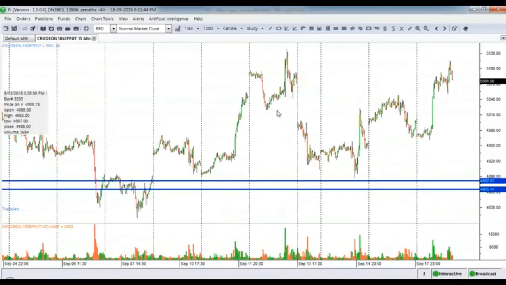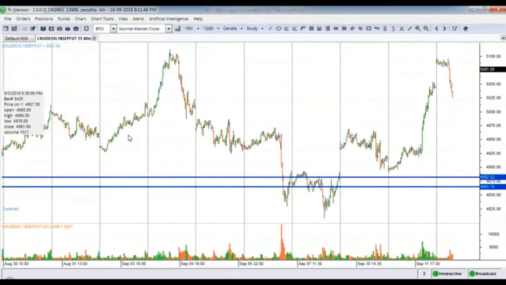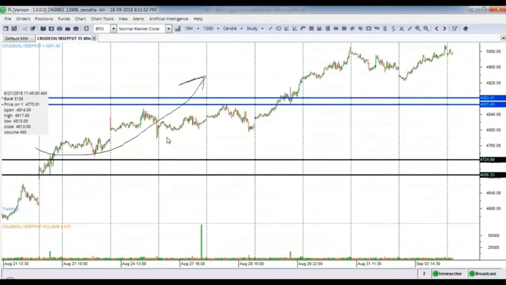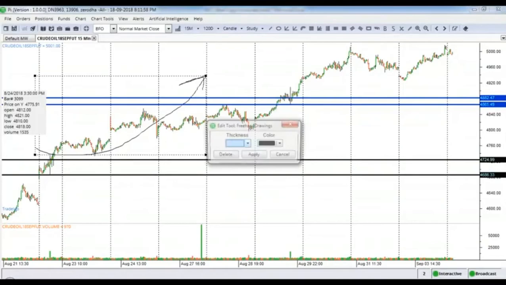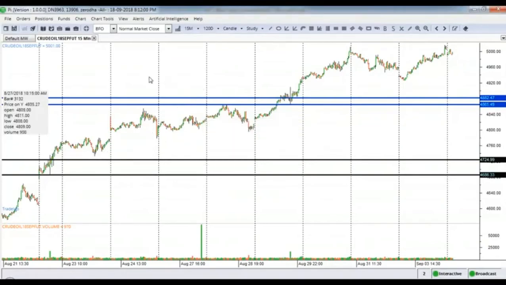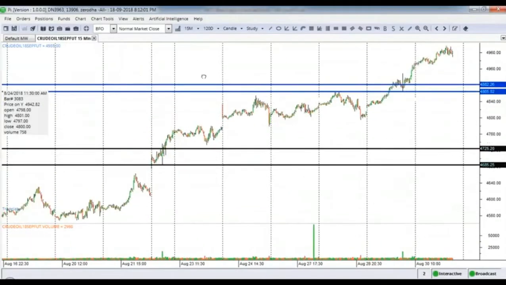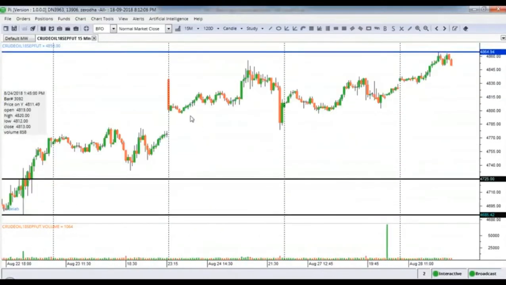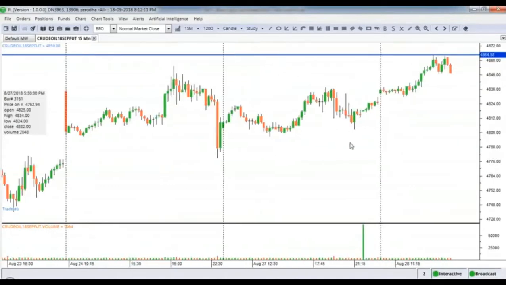So let's look at the charts. So 24th of August over here, this is the one, right? Let's delete this. So this is the day, right? 24th of August. All right.